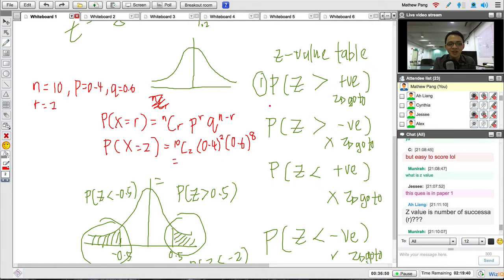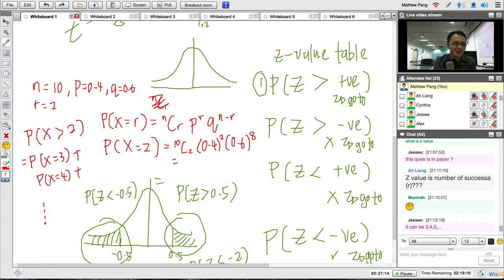But if I change the question a bit, I tell you X must be bigger than 2. Bigger than 2 means you have to do a lot. You have to do the probability for X equals 3 plus the probability for X equals 4, plus until X equals 10.